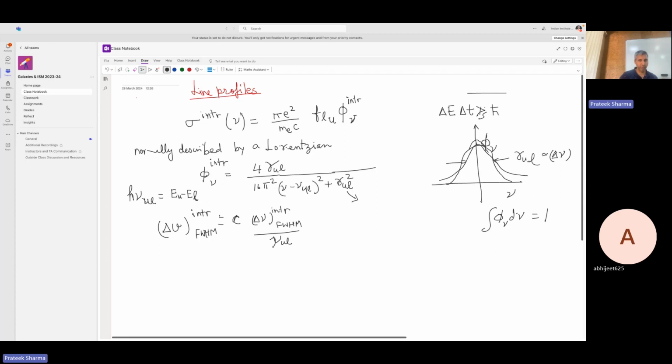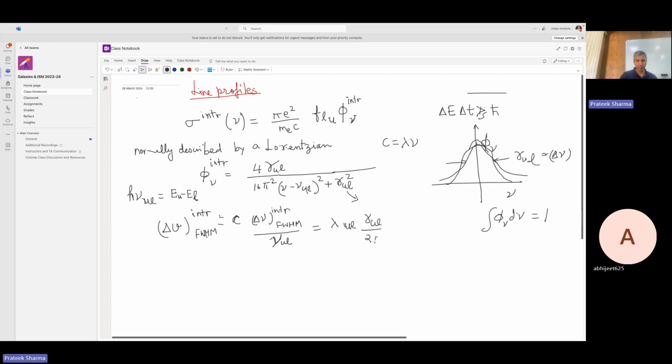This is frequency. Then you also know that c equals lambda times nu, so we can express 1 by nu in terms of lambda. So what we have is lambda UL times gamma UL by 2 pi.